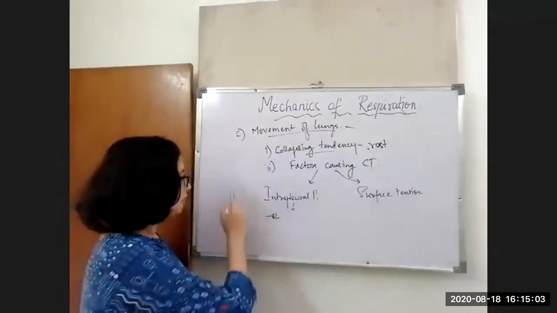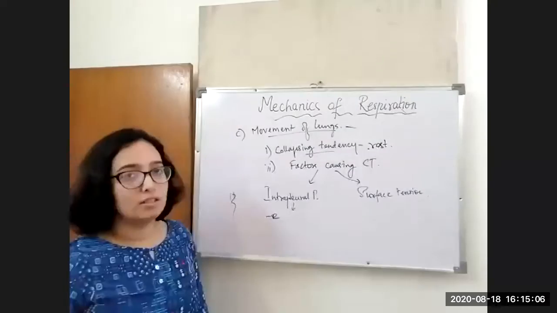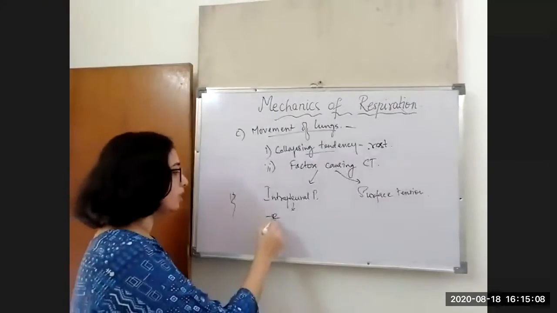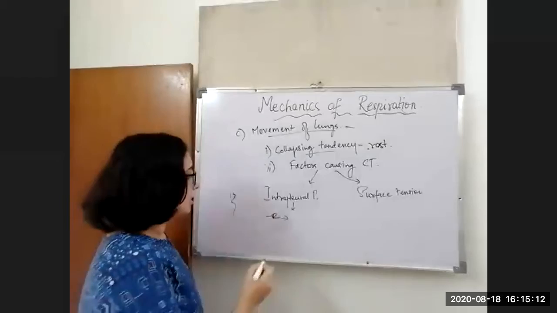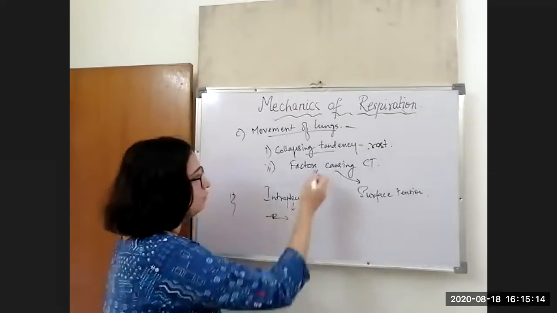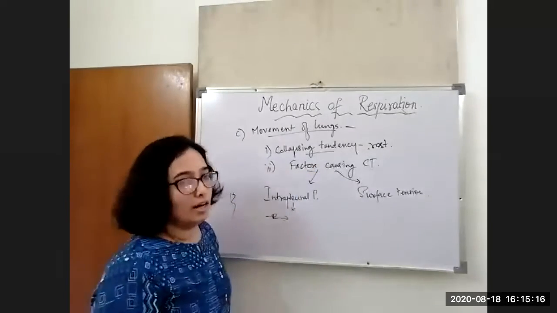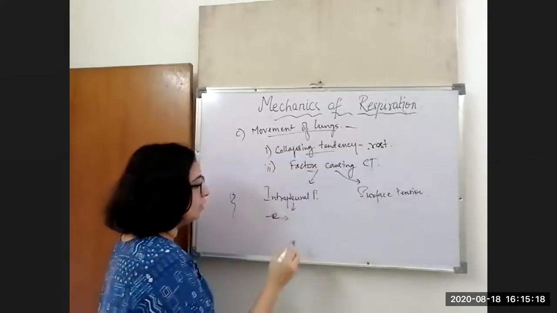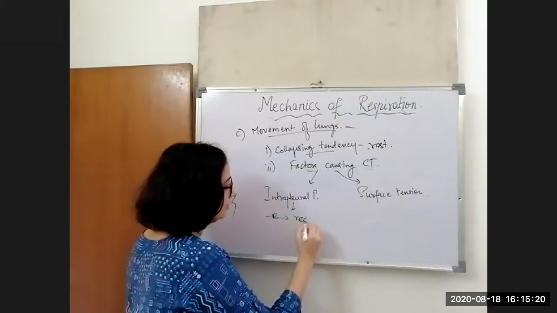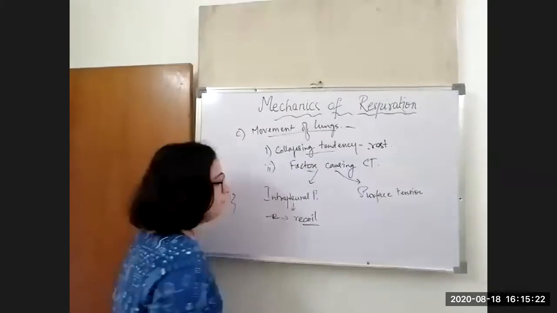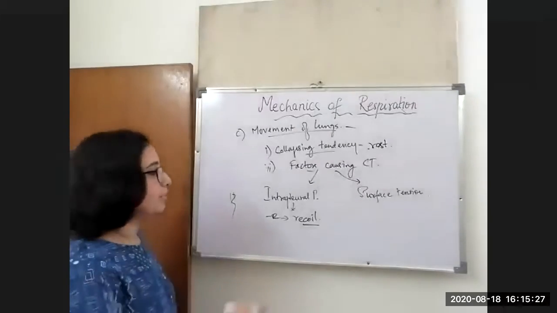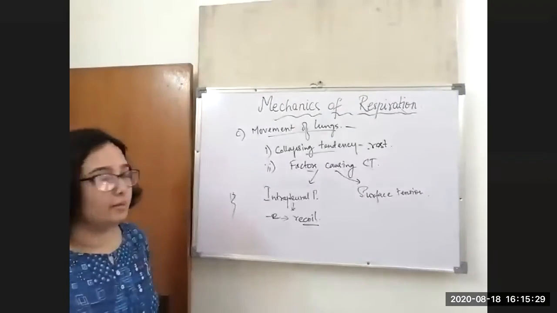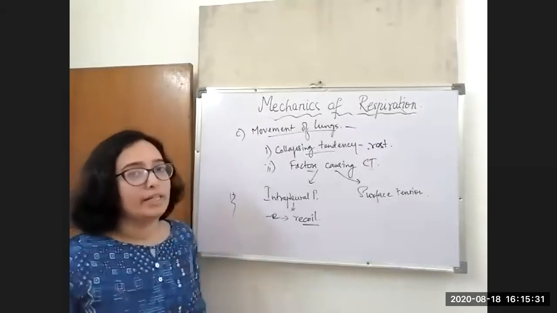Because of that fluid, it exerts a negative pressure, and due to that negative pressure there will be a collapsing tendency of the lungs. So the lungs exhibit a phenomenon of recoil, that is, a constant recoiling tendency.